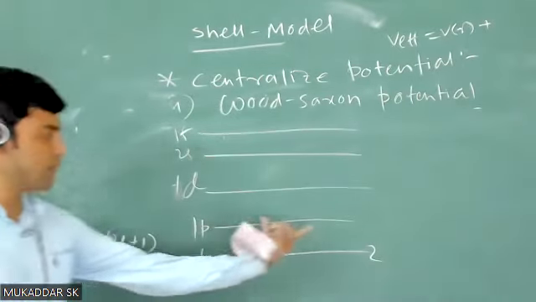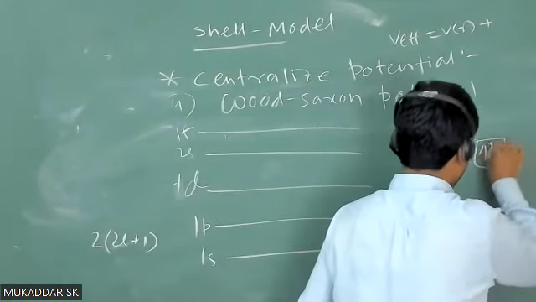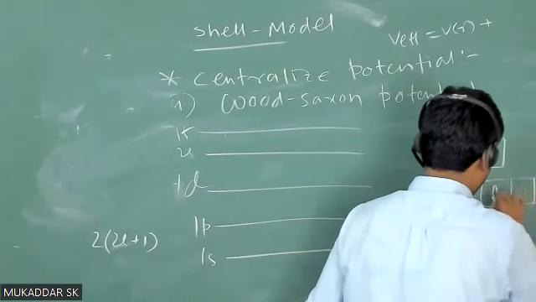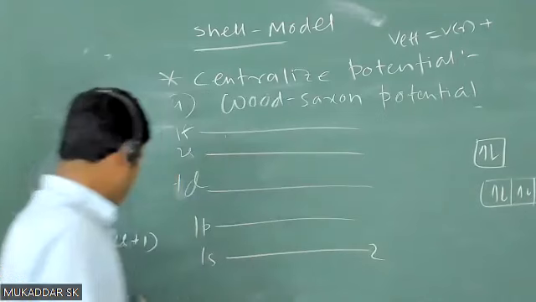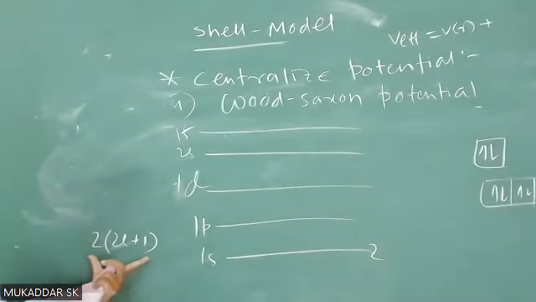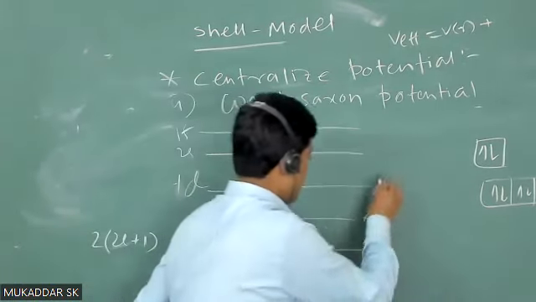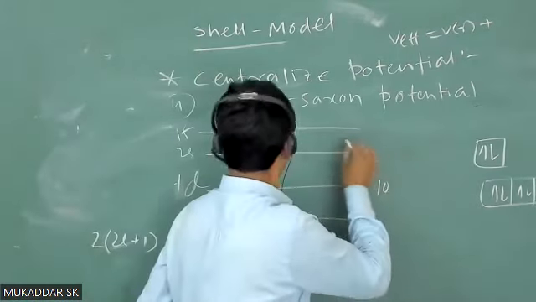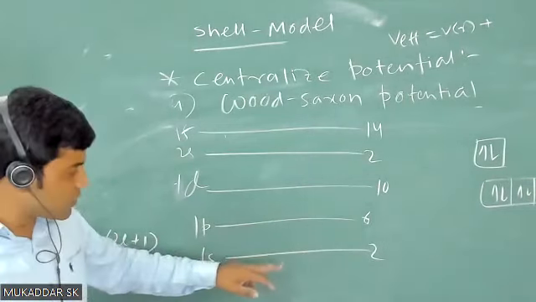You must have studied s like this, p like this. So you get this 2 into (2L plus 1). Here 2 can stay, here 6, here 10, here 2, here 14.